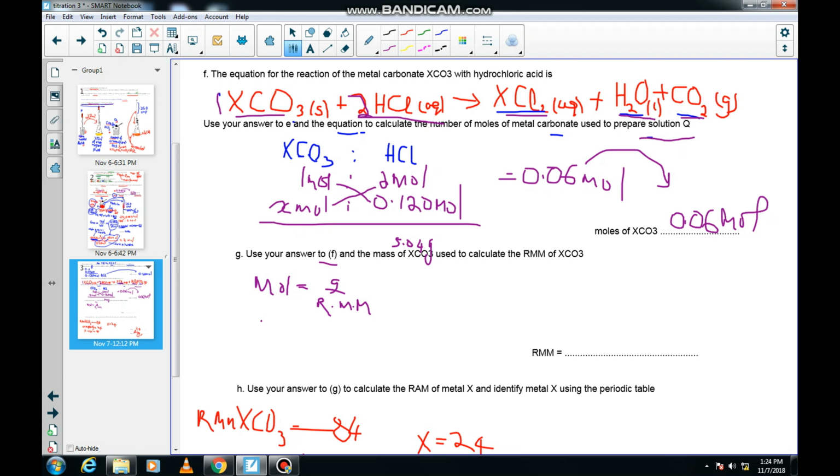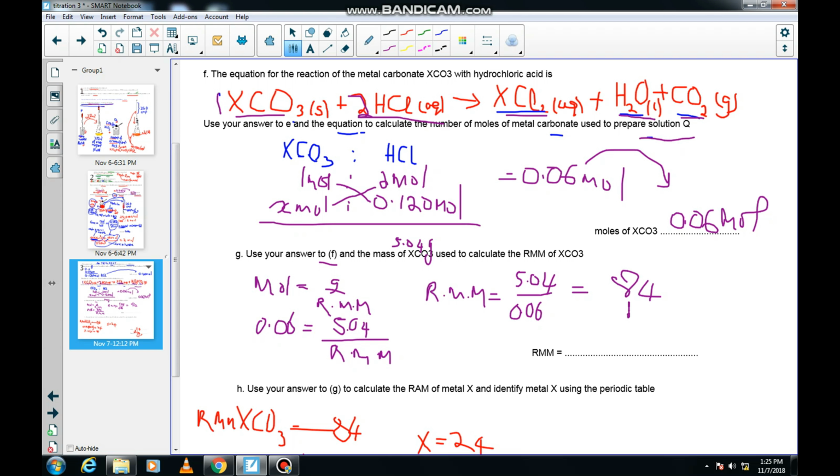The number of moles we have calculated as 0.06, is equal to the mass in grams, which is 5.04 grams, divided by the relative molecular mass. Make RMM the subject of the formula, and you have mass in grams, 5.04 grams, divided by the number of moles, 0.06. And if you press your calculator, you should get the answer 84.